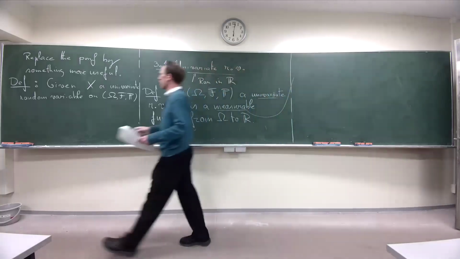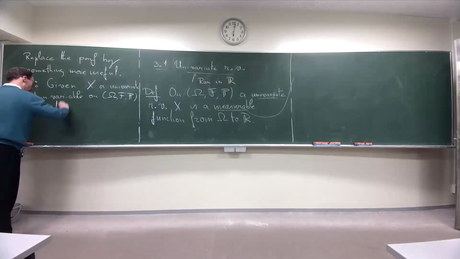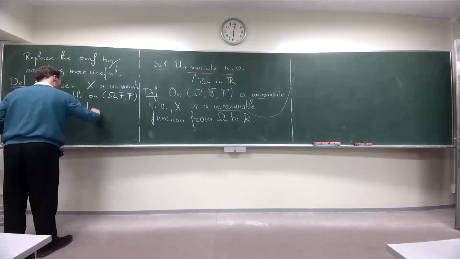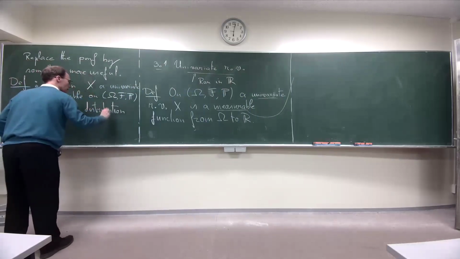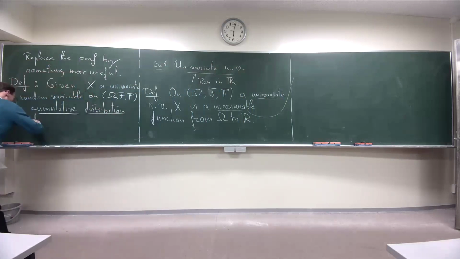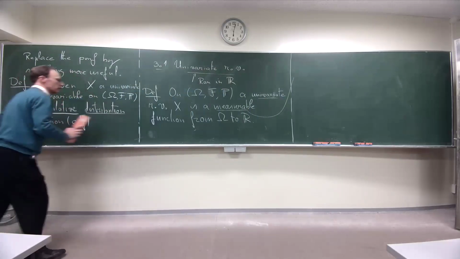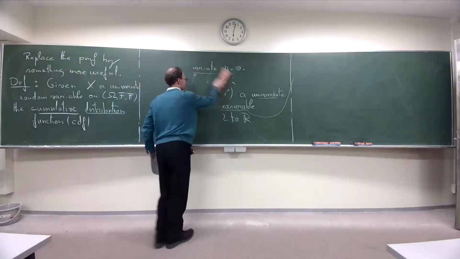So I can finish this. So given a univariate random variable on a probability space, the cumulative distribution function, which is abbreviated as CDF, you can almost guess the end of the sentence.